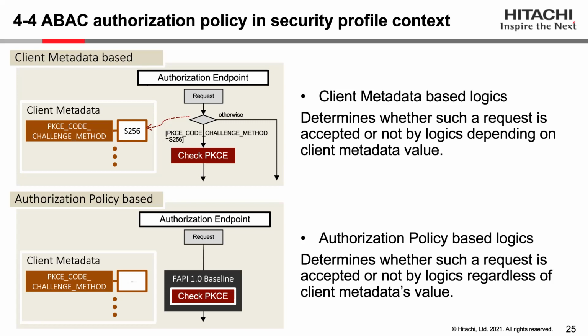In the ordinary client metadata-based logic, the OAuth server processes the client's request to check the PKCE requirements based on the metadata. While in the case of the authorization policy-based logic, the OAuth server checks the PKCE requirements against the request from the client, regardless of client metadata's value. Therefore, it might be okay to say that authorization policy-based logic can override the existing client metadata-based logic.